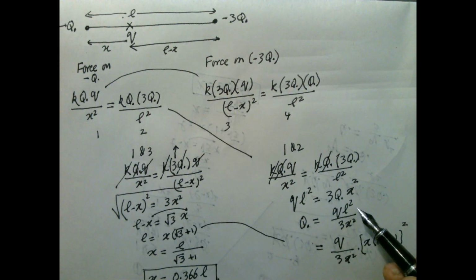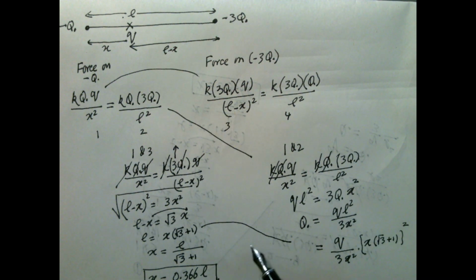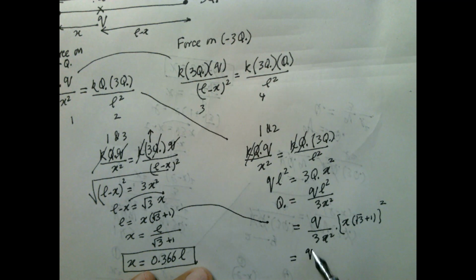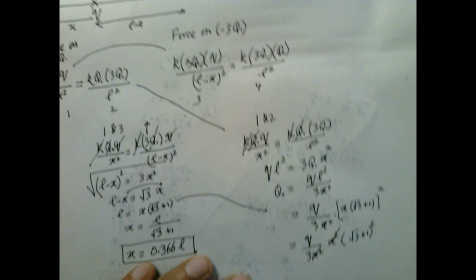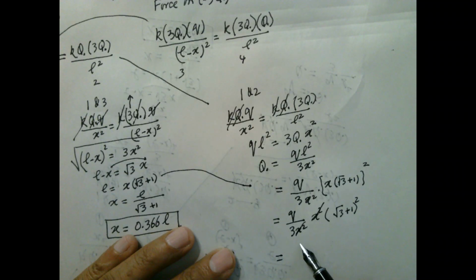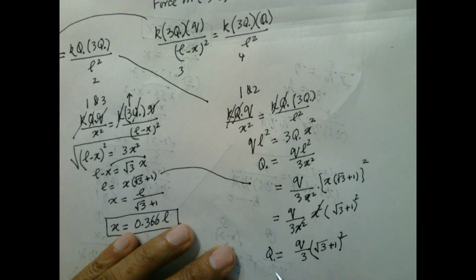Substituting, this is q over 3x square, times x square into square root 3 plus 1 whole square. This x square cancels, so this is equal to q over 3 into square root 3 plus 1 whole square, which is equal to q naught.